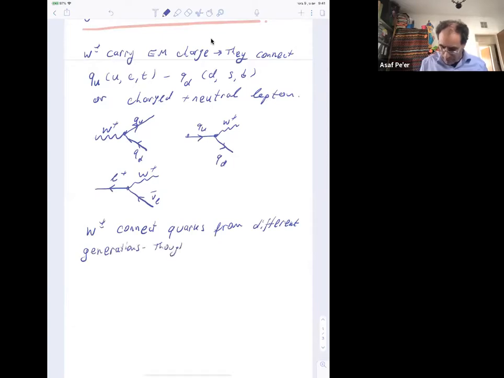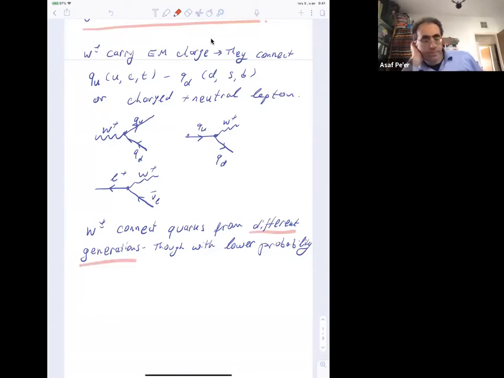So it's a lower probability. But that's true only for quarks. The lower probability means a smaller coupling constant.